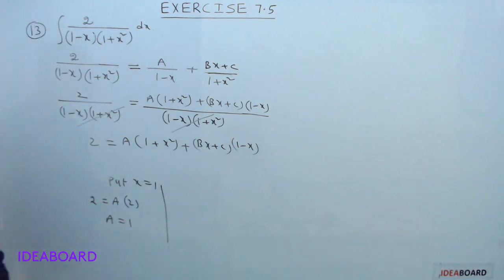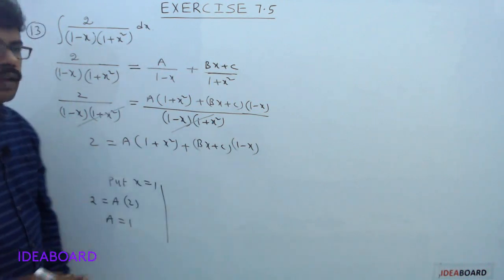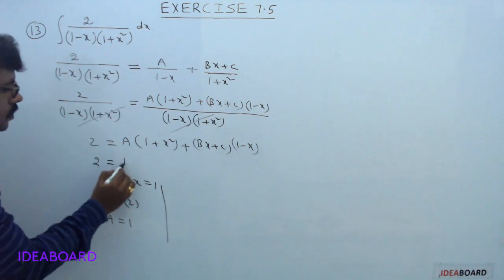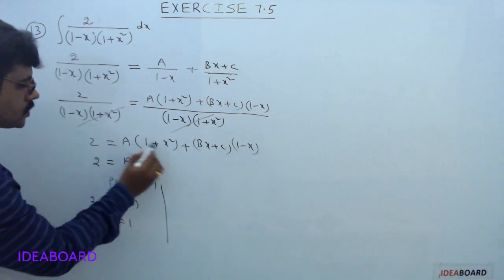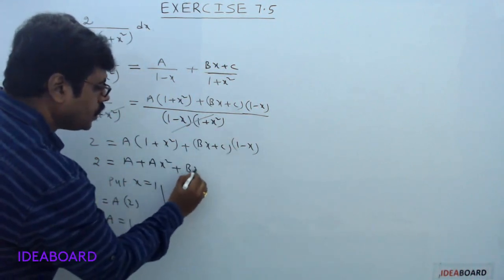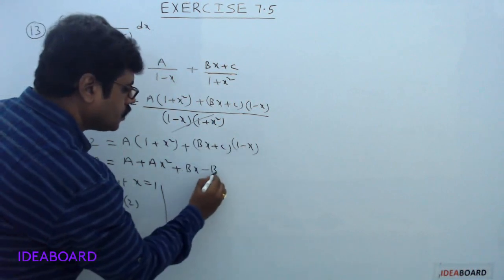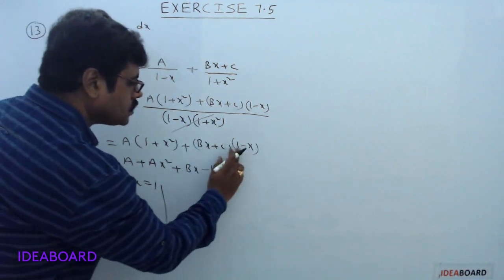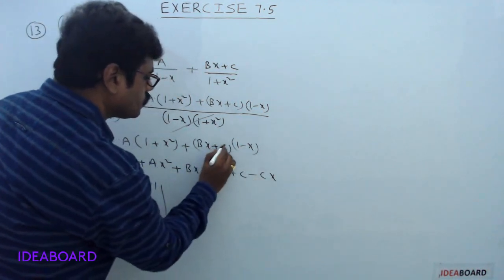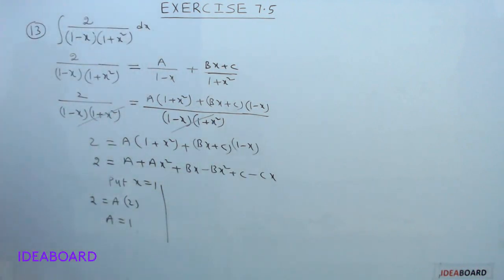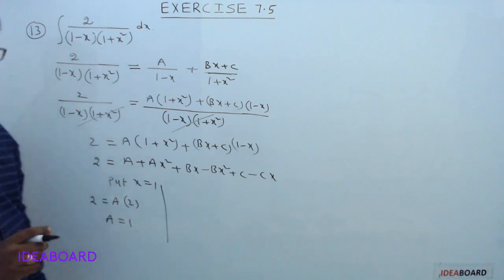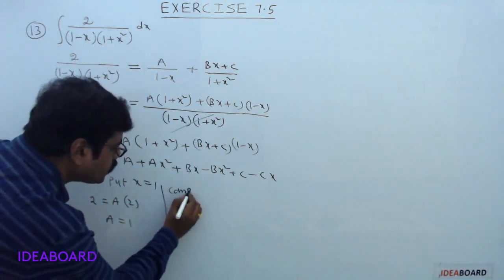Next, how to find the values of b and c. First, simplify this equation. This is 2 equals a into 1, a plus ax square, plus bx into 1, bx into minus x, minus bx square, plus c into 1, c minus cx. Now, from this equation, you can compare the coefficients of x square.